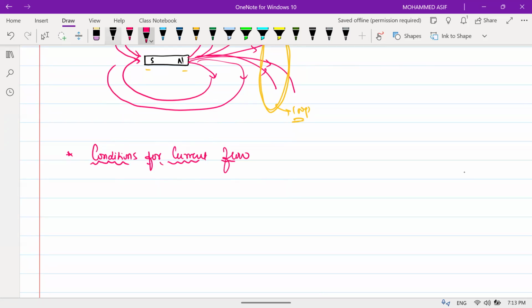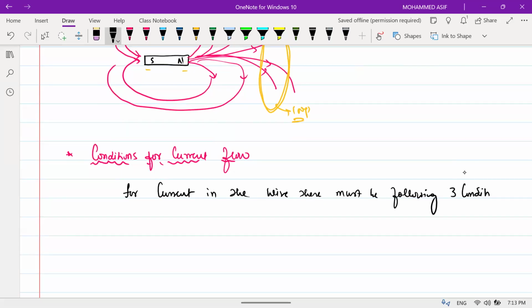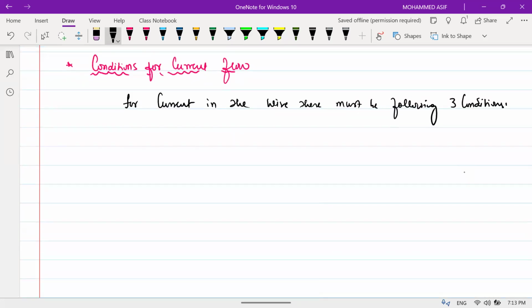For a current to flow in the wire, there must be the following three conditions. Okay, I'm revising it fast, not going into much detail. What are the three conditions, beta?